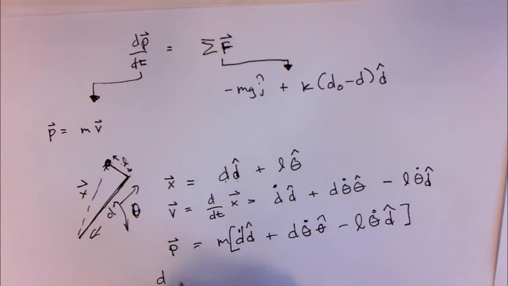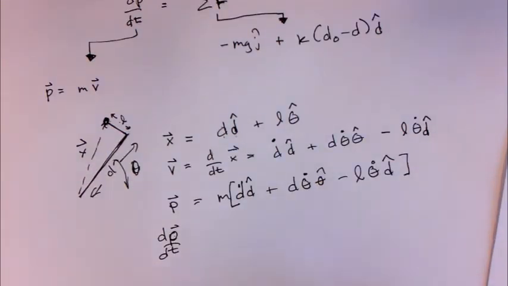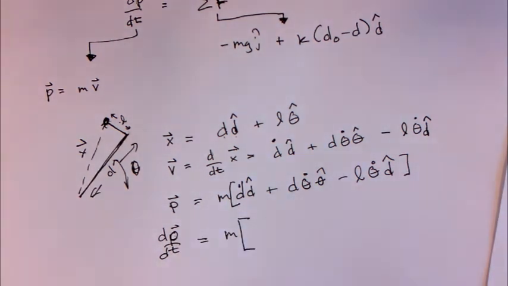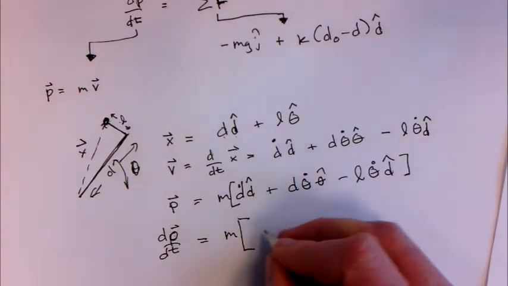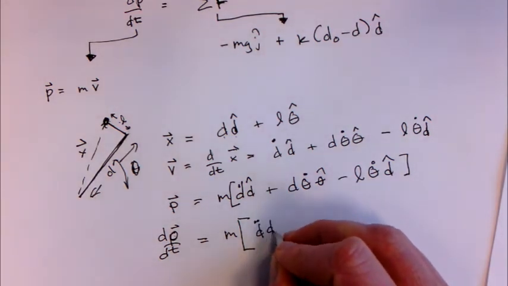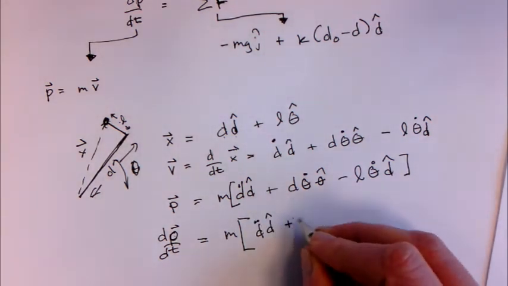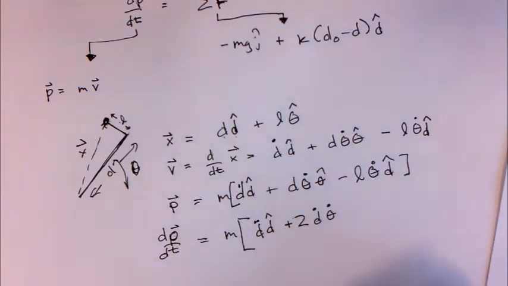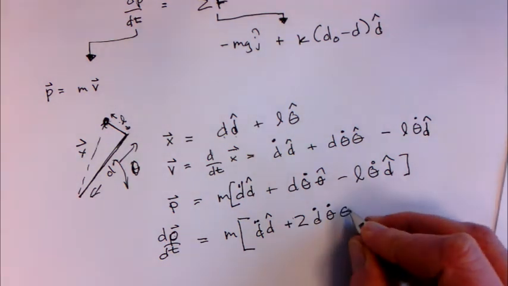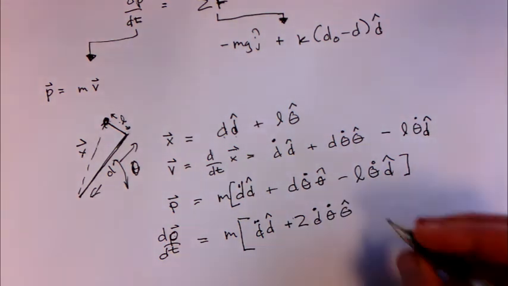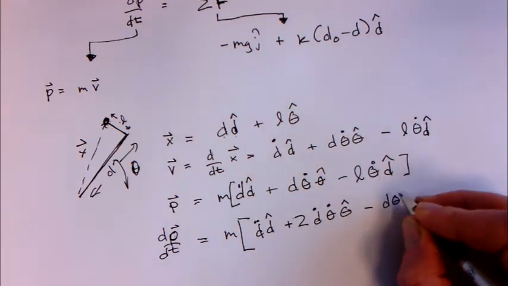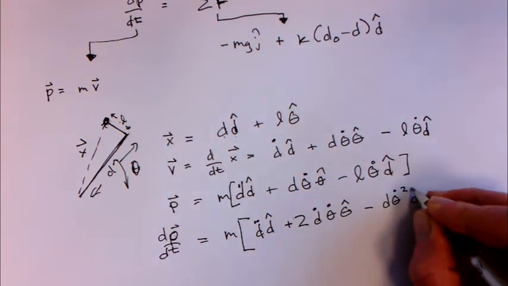And finally, if I take the derivative of that, my acceleration times my mass, or my derivative of momentum, is mass times, and then we get a lot of terms. A lot of these terms should look very familiar. For example, we get a d double dot times d hat term. We get a plus 2 times d dot times theta dot times theta hat term. We get a minus d times theta dot squared times d hat term.